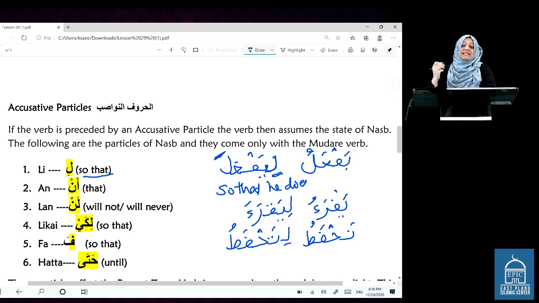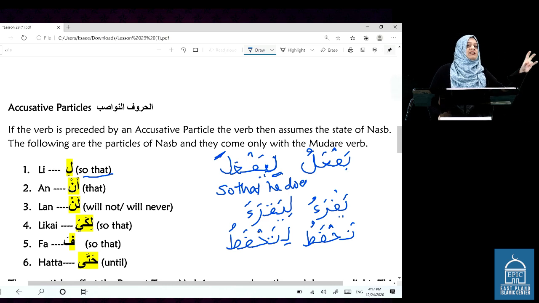And then we have likay. Also the meaning is so that, the same thing as li and an. You just substitute it with likay and you will see the meaning there. And then fa means so that. You see so many so that's over here, but inshallah you will see the difference. And then we have hatta. Hatta we learned with nouns also.